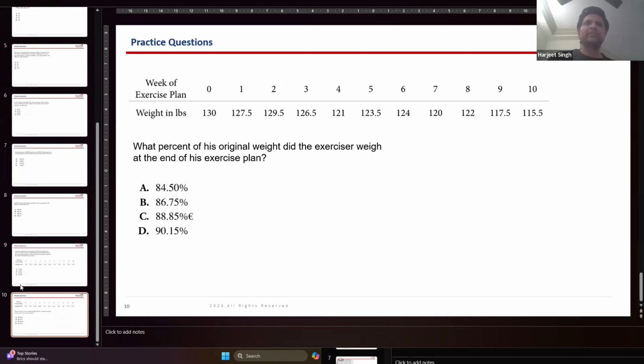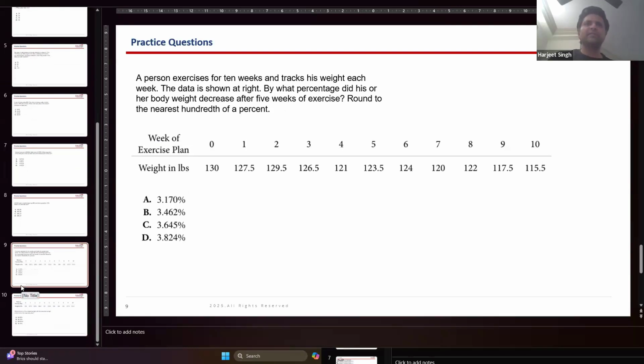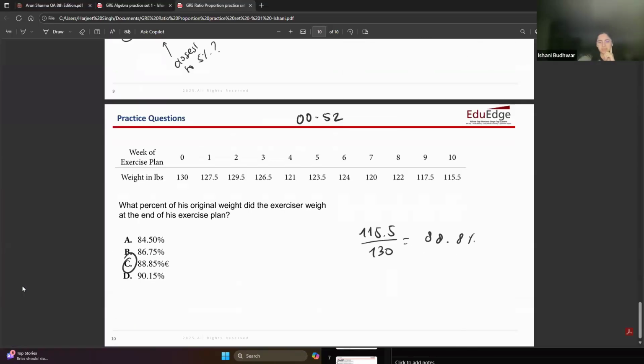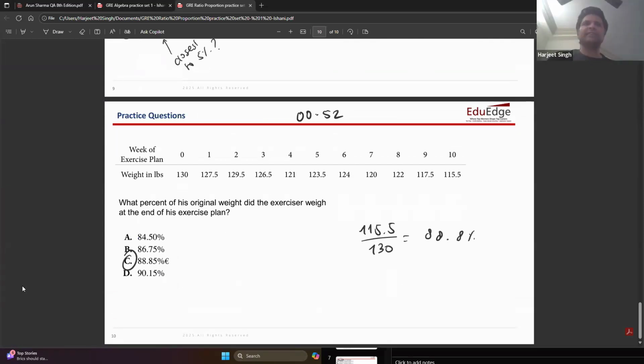Okay, and what is the second question? This one, the answers are matching. So I was a bit confused. This one is matching, right? So what percentage of the original weight did the exerciser weigh at the end?